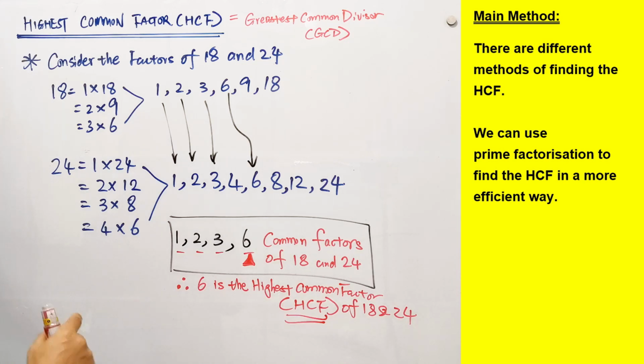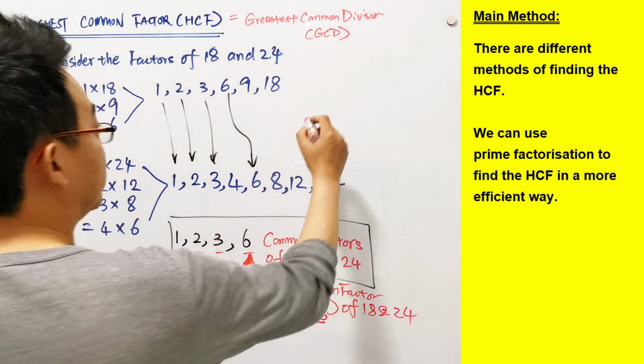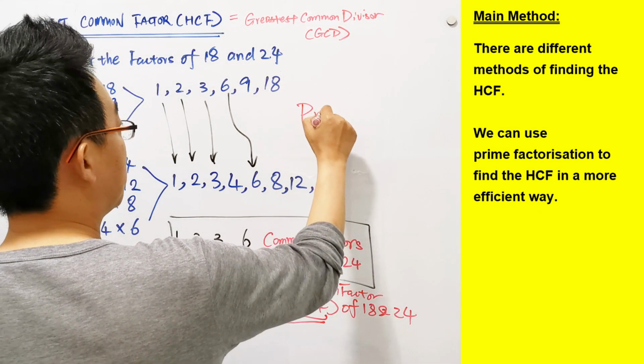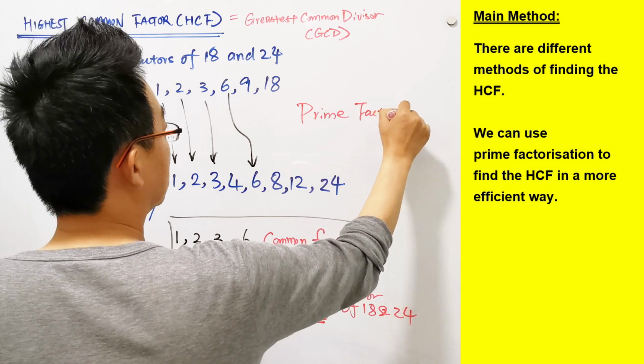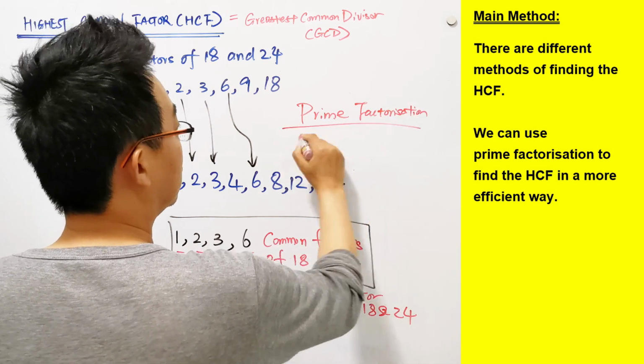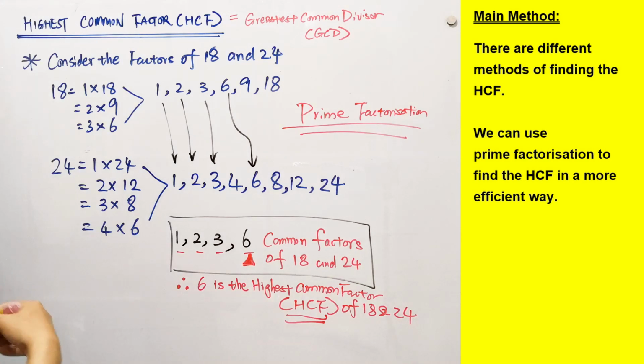So we will use this method to find the HCF, because it is one of the most effective ways.